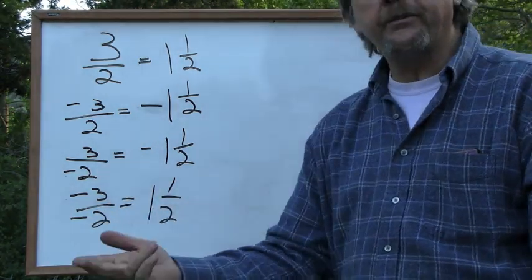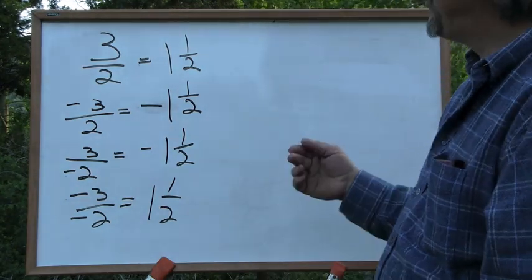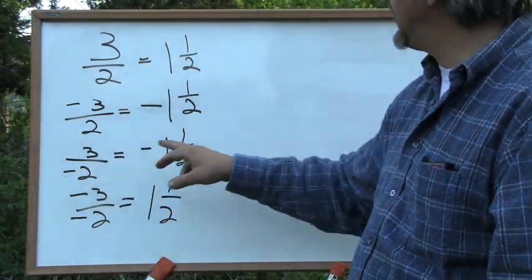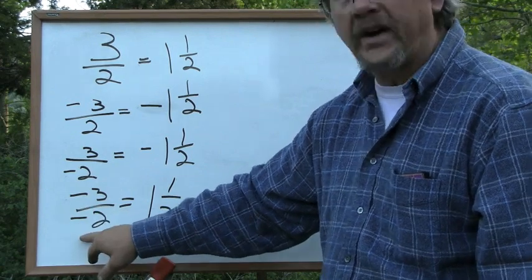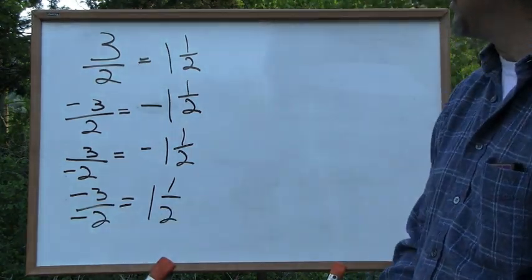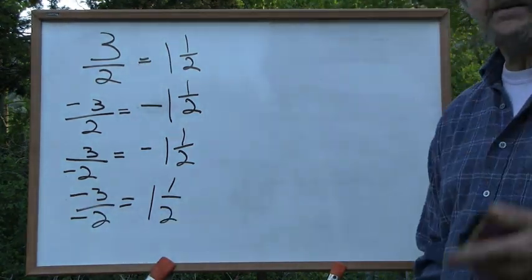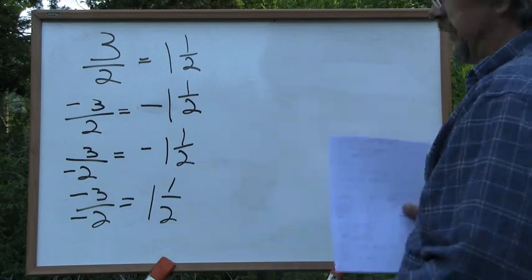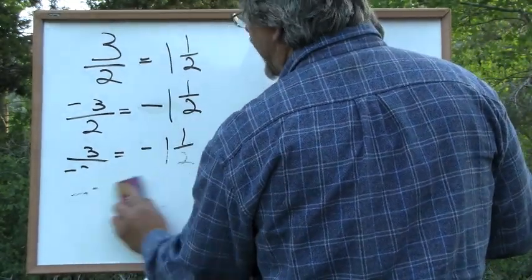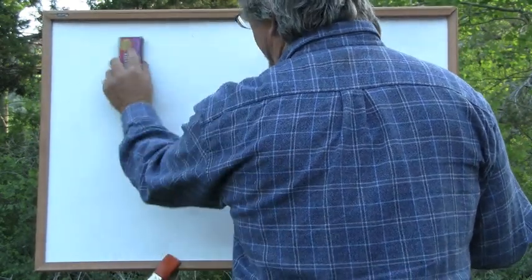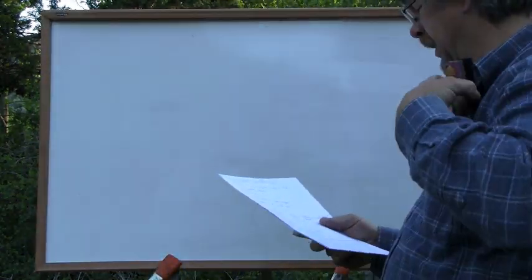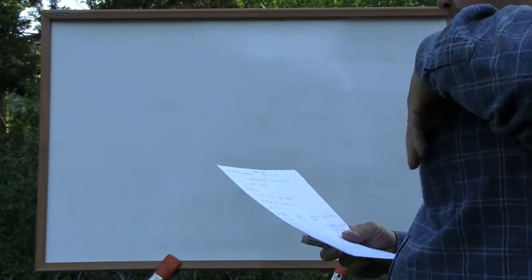A positive times a positive is a positive. A positive times a negative is a negative, and a negative divided by a negative is always going to be a positive. The exact same rule applies with division as it does with multiplication, and that makes it nice. That'll make it easy so that we don't have to worry about memorizing so much stuff. There's a little bit to memorize, but not too bad.